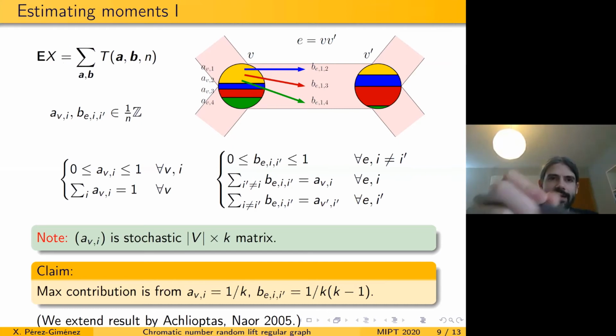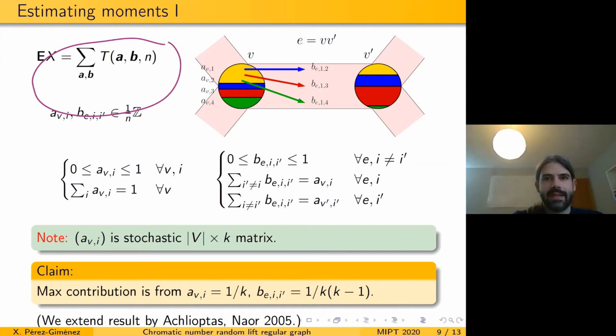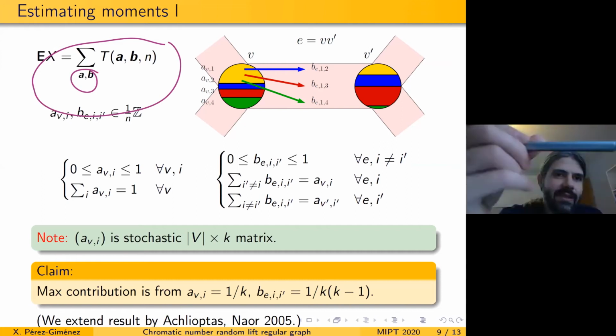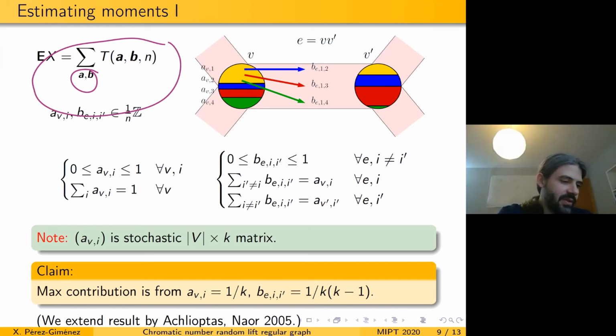Yeah, so then that allows us to write the expectation as a closed formula. But we would like to find for which set of parameters A and B this gives the main contribution to this expectation.